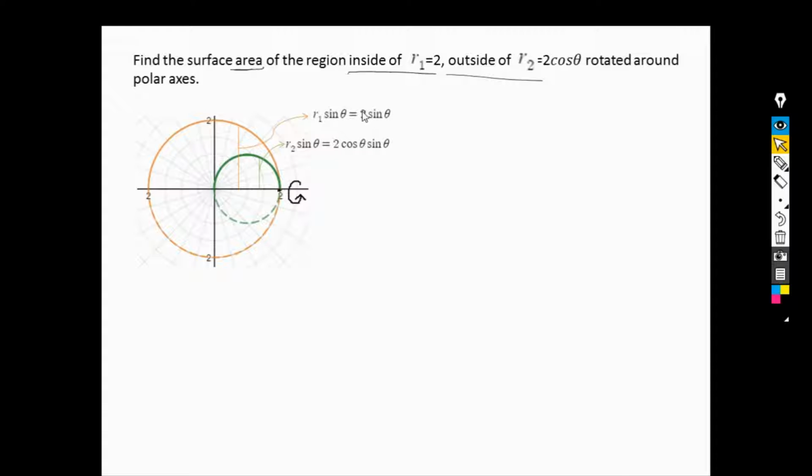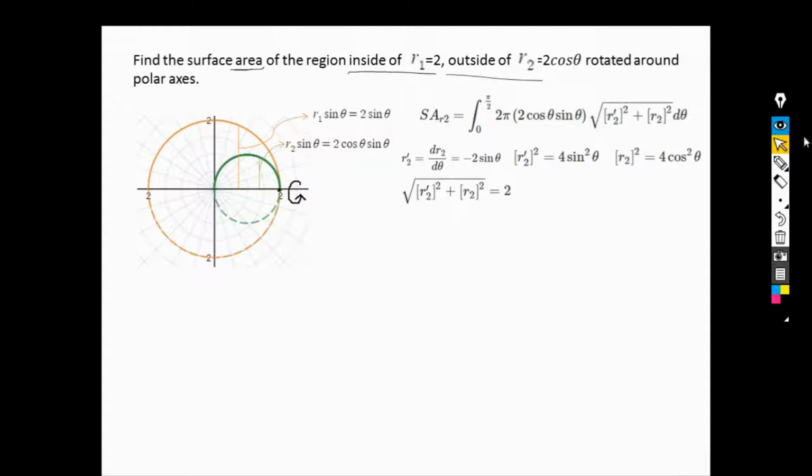And each radius will be 2 sine theta and 2 cosine theta sine theta. Let's look at the surface area of R2. Then we plug in 2 cosine theta sine theta, and the arc length is easy to find because the derivative of R2 is sine theta and R2 is cosine theta, so they become constant when they're squared.